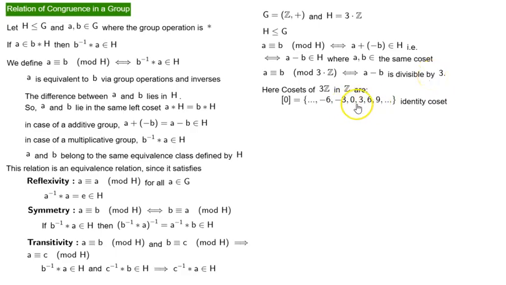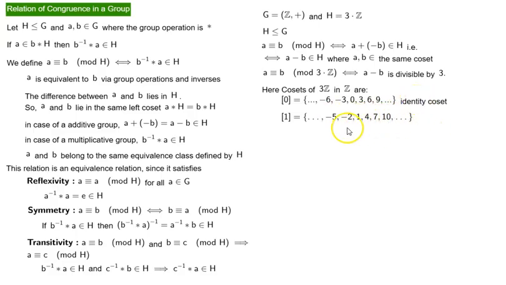Subtract any two of these and you will get a number divisible by 3. Another way of looking at it is that if we divide any of these numbers by 3, we get remainder 0. Similarly, we have this coset: dot dot dot, minus 5, minus 2, 1, 4, 7, 10, dot dot dot.